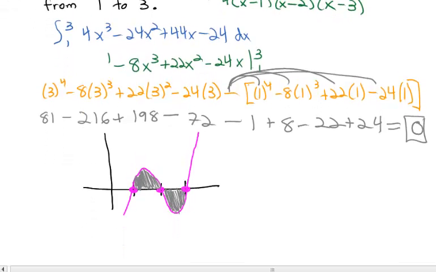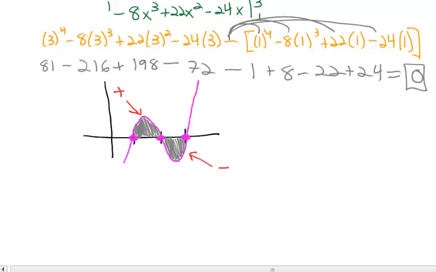You see, the problem is the areas are both the same on top and bottom. This one on the left is a positive area. The one on the right is a negative area. So we're going to have to account for those different areas in different sections.